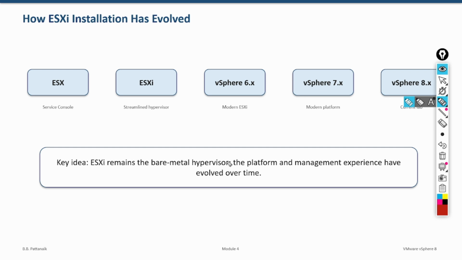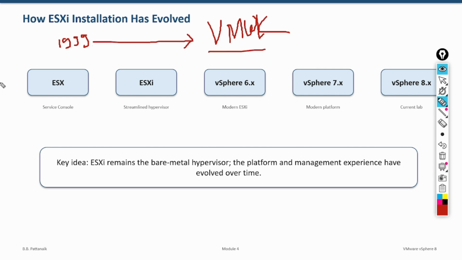Okay, in 1999, I told you before, VMware launched its first product. That is called VMware Workstation, and it allows users to run multiple operating systems on a single hardware or single platform.